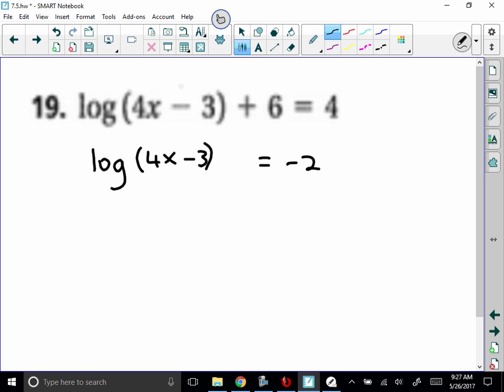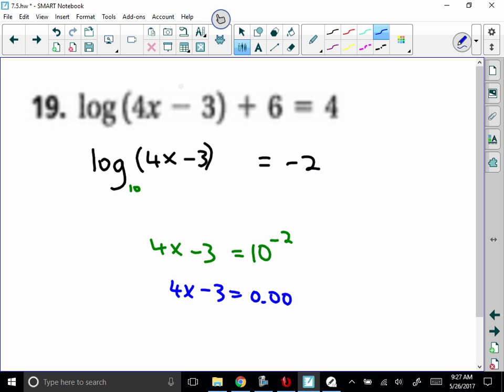So what's this all going to equal? -2. So in exponential form, we're going to have what to the what equals what? 10 to the -2 equals 4x minus 3. So 10 to the -2, that's a really small number. That's 100th. So 4x minus 3 equals 100th.